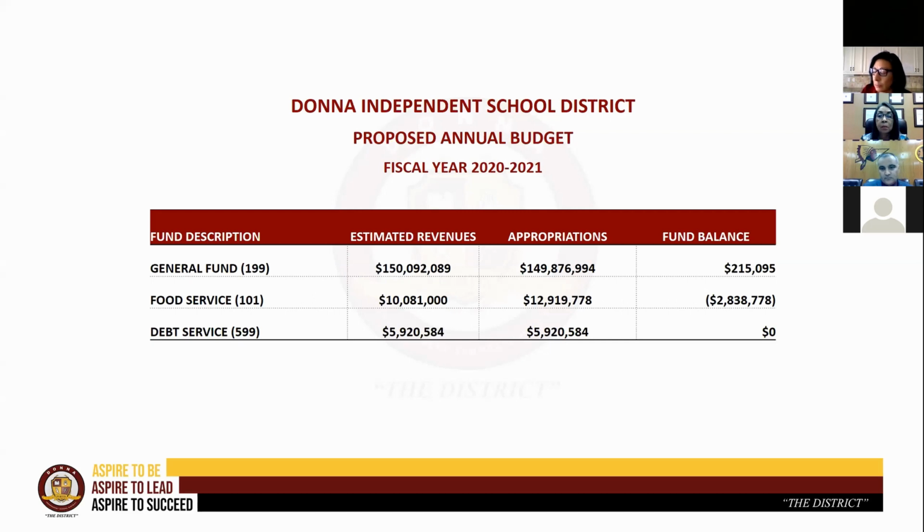For our food service fund, we have estimated revenues of a little over $10 million with appropriations of almost $13 million for a decrease in our fund balance of $2.8 million. Our debt service fund, we have estimated revenues of $5.9 million with appropriations of $5.9 million for no change in our fund balance.